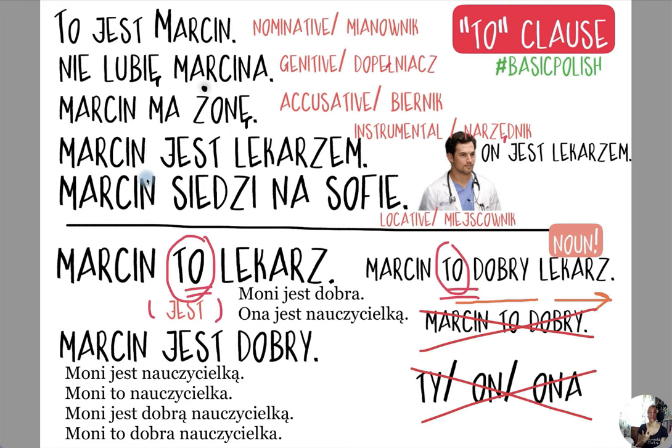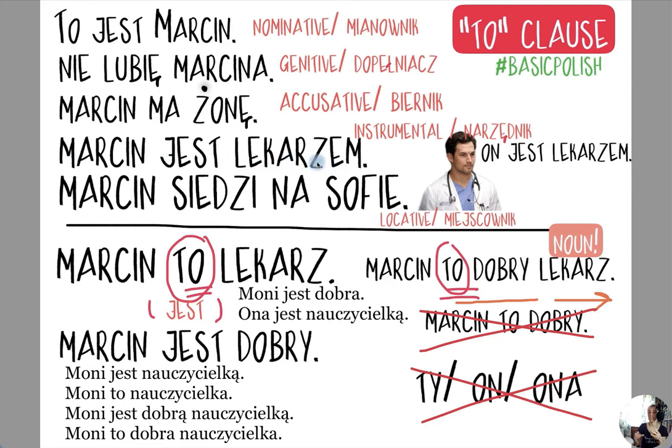Now, if we want to say Marcin is a doctor, then we are dealing with a situation of who is who. Do you remember? And we need to use the instrumental case this time. In Polish, narzędnik. So Marcin jest lekarzem.